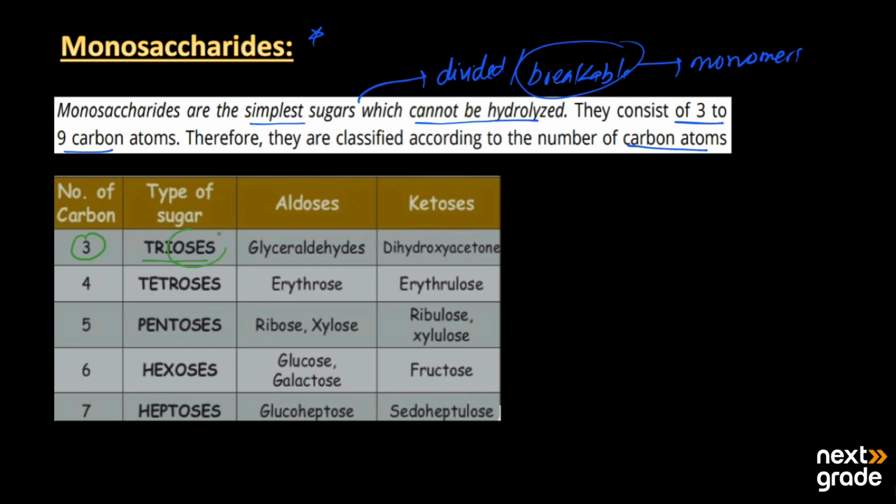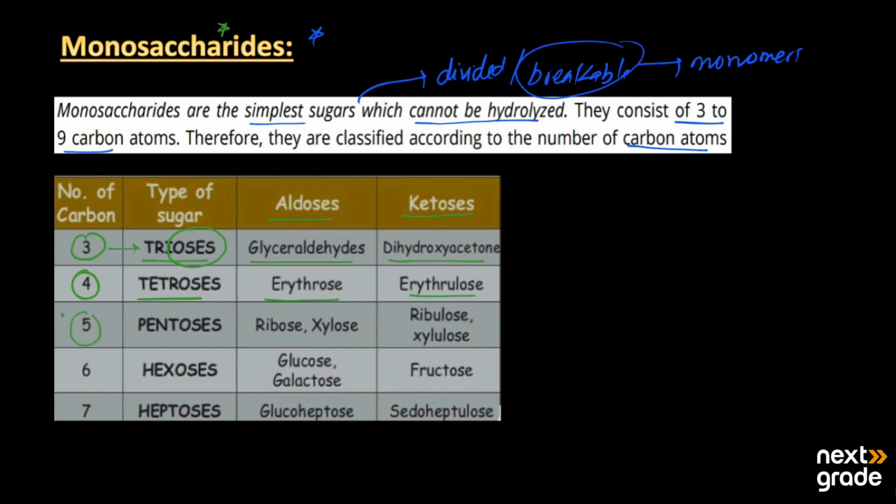The word ose just denotes the sugar groups and tri means 3. In the aldoses type we have glyceraldehyde, and in the ketoses type we have dihydroxyacetone. And if the number of carbon atoms is 4, then it is known as tetroses. In the aldoses type we have erythrose, and in the ketoses type we have erythrulose.